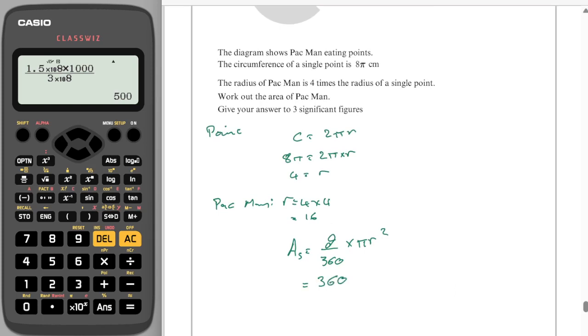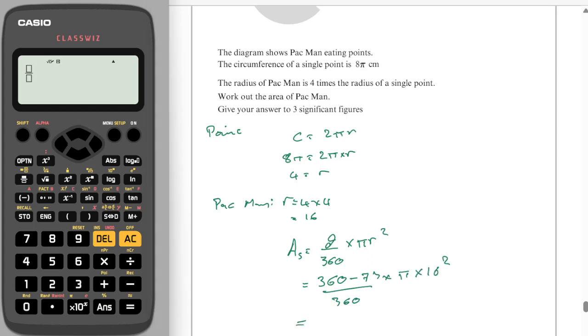So I'm going to go 360 minus 73 divided by 360, and I want to multiply that by pi times 16 squared. So on a calculator, type it in just like that, 360 minus 73 divided by 360, and I want to multiply that by pi, and then multiply that by 16 squared.